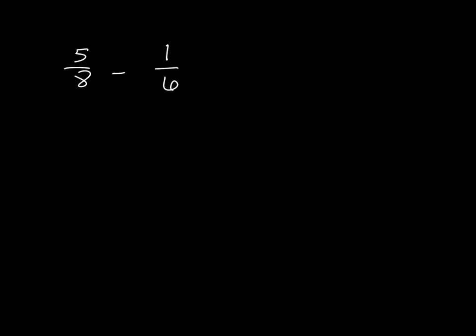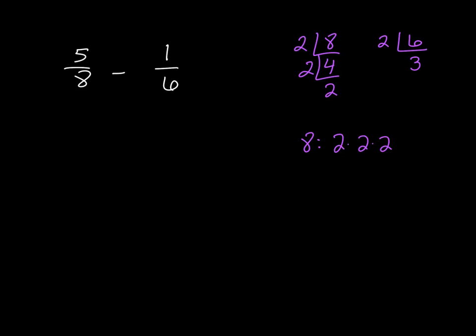Okay, once again, we need a common denominator. And this would be a good problem to review how to find the least common multiple. So your factors of 8 are 2 times 4, then 2 times 2. So 8, you have 2 times 2 times 2. And then 6, we have 2 times 3. And then for least common multiple, you find your pairs.